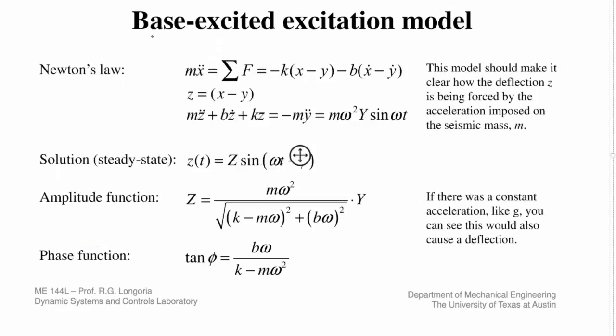Okay, so now let's put this into our base excitation model. We model this through basic Newton's law. If you took your mass and did a free body diagram, you'd have your spring and damper, and so on. So you'd have your force from your stiffness and from your damping, and that'd be your mass.